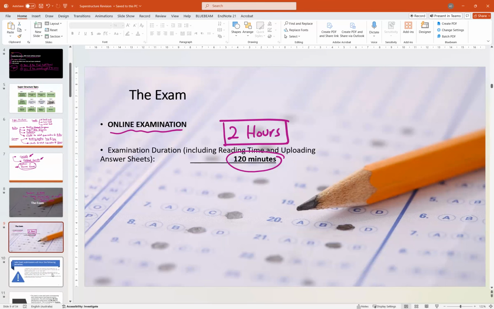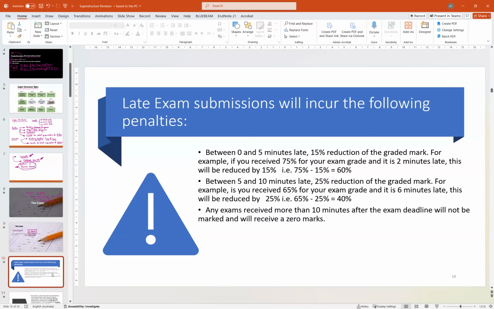Again, the late submission penalties for the exam: between 0 and 5 minutes late, 50% reduction of the graded mark. Between 5 and 10 minutes, 25% reduction of the graded mark. Any exam received more than 10 minutes after the exam deadline will not be marked and will receive a 0 mark.